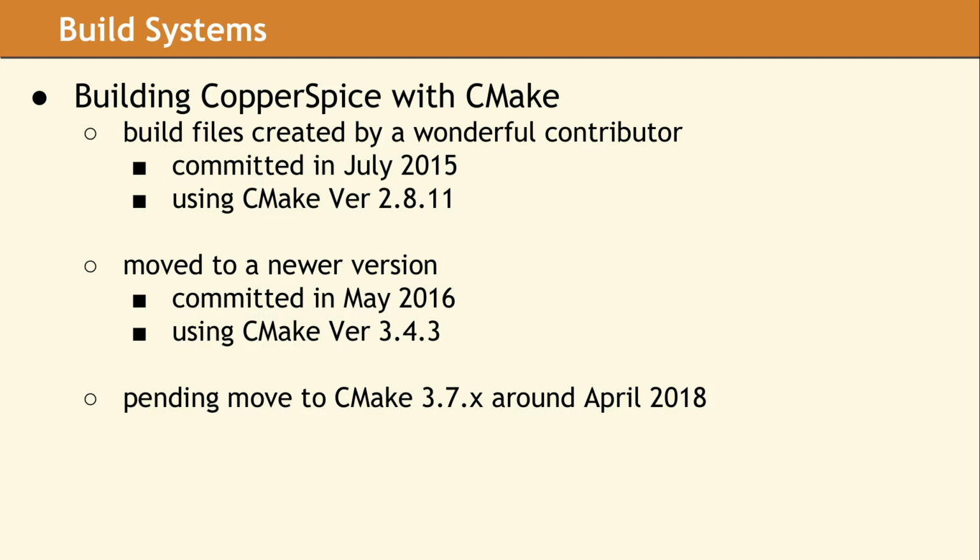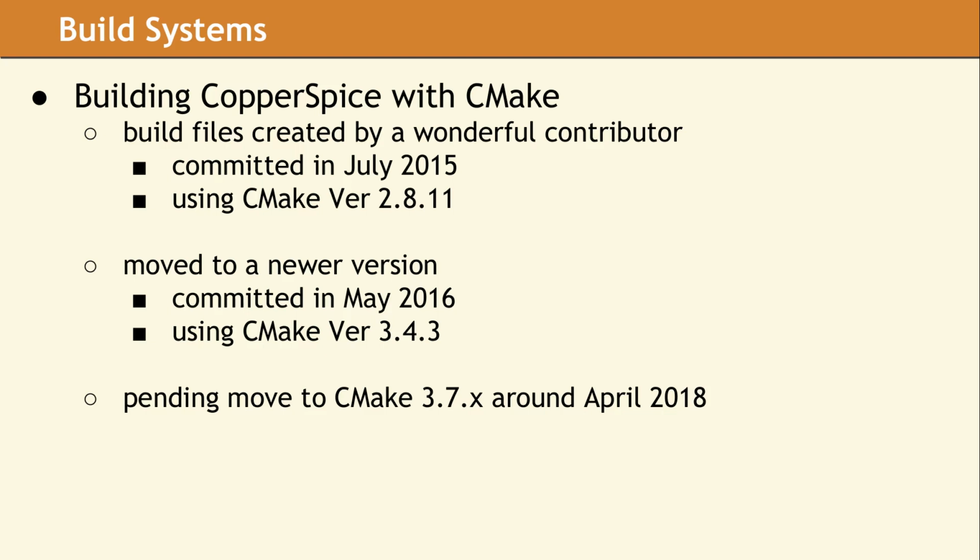In July of 2015, we had a wonderful contributor to the CopperSpice project who wrote our CMake files for us using version 2.8.11. In May of 2016, we upgraded to version 3.4.3.